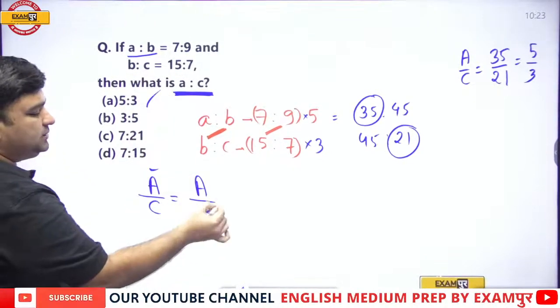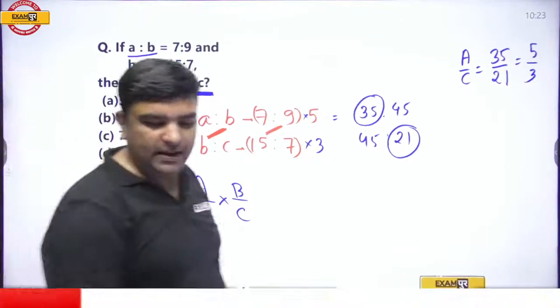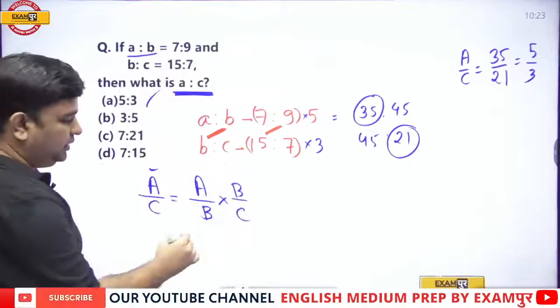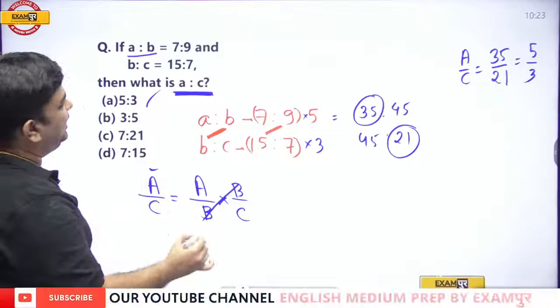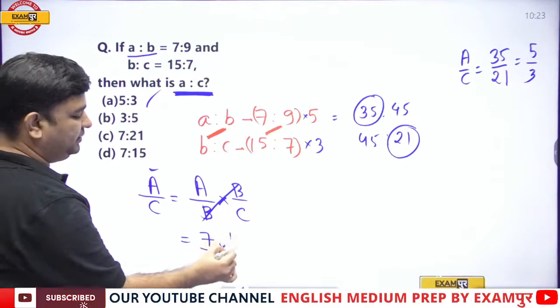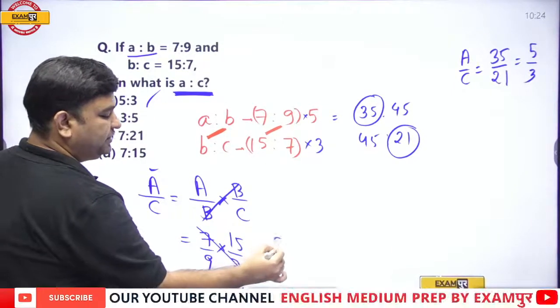Cancel out this B by multiplying with B by C. So you will get A by C directly. A by B is 7:9, B by C is 15:7. Cancelling 3 gives 5 and 3.